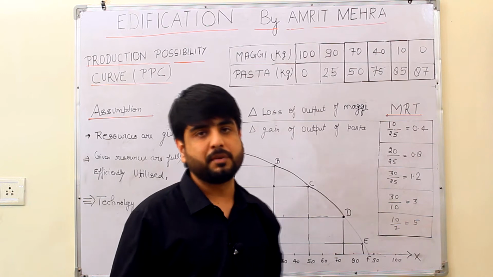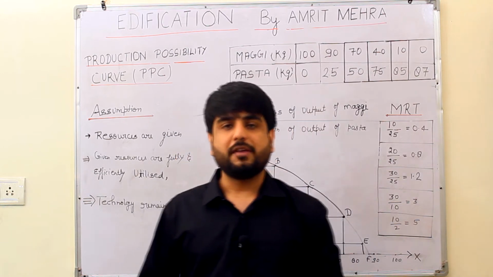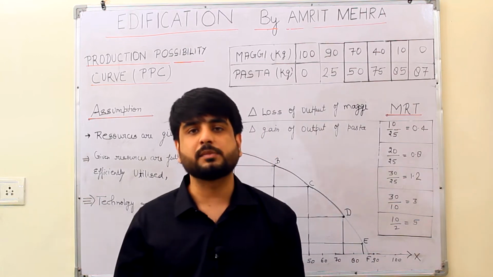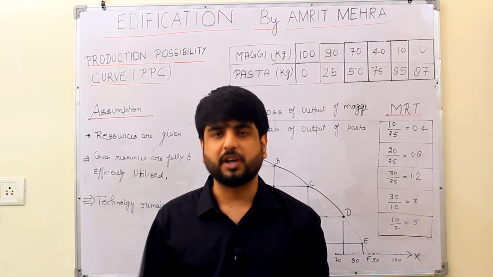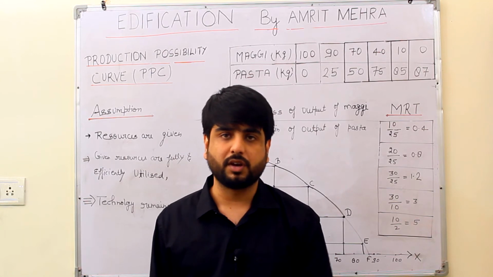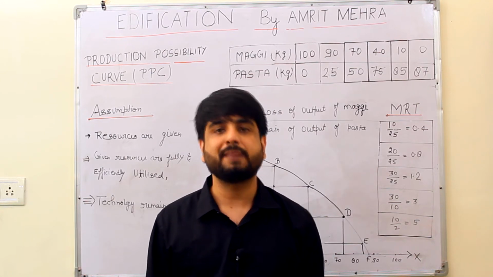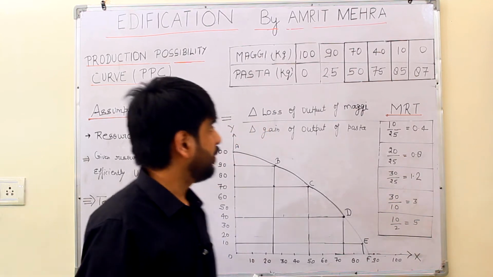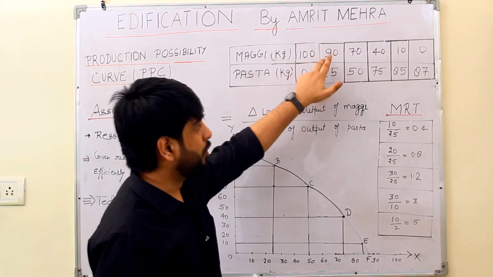You always have to remember that if we shift from production of one commodity to another, the circumstances might differ. Production of one commodity might be favorable for us, but the production of another commodity might not be equally favorable. So because of that, we have to sacrifice more and more.